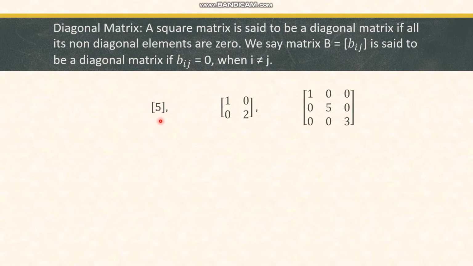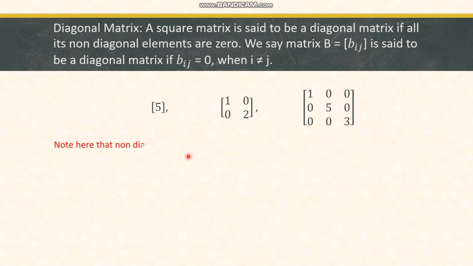For example, root 5, 1, 2, other entries are 0; 1, 5, 3, other entries are 0. So leave this diagonal, and when the remaining entries beside this diagonal are 0, then such a matrix is called a diagonal matrix.